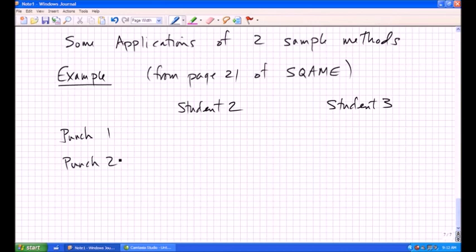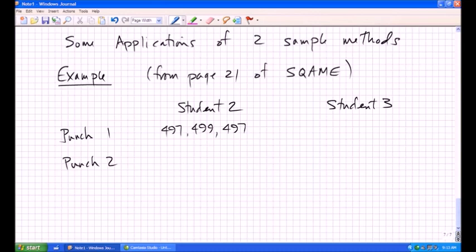Student 2 on punch 1 measured a 497, a 499, and a 497.